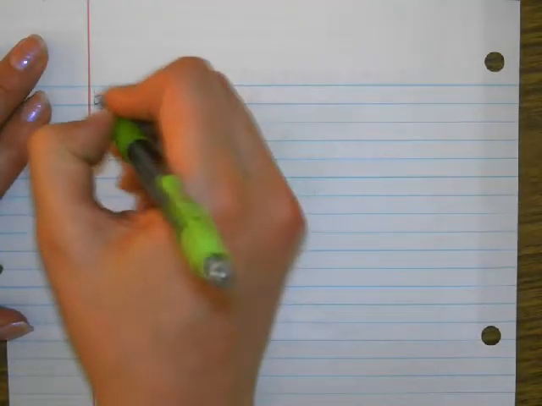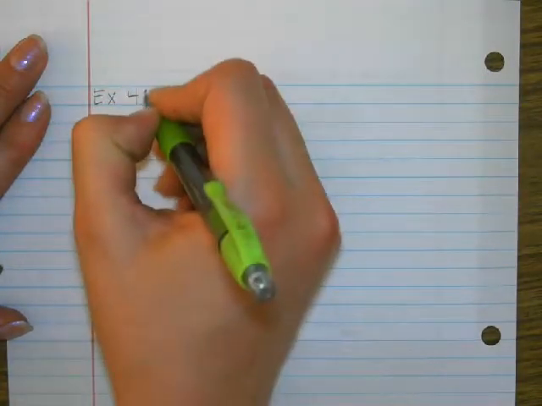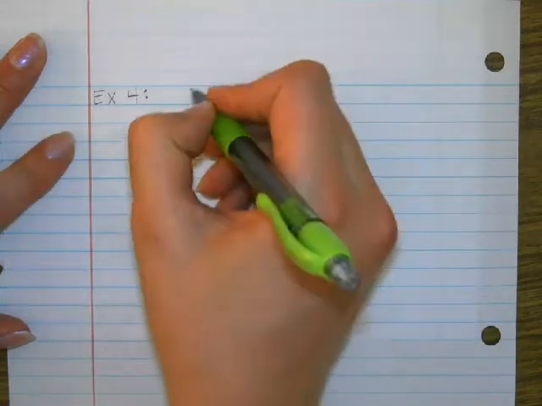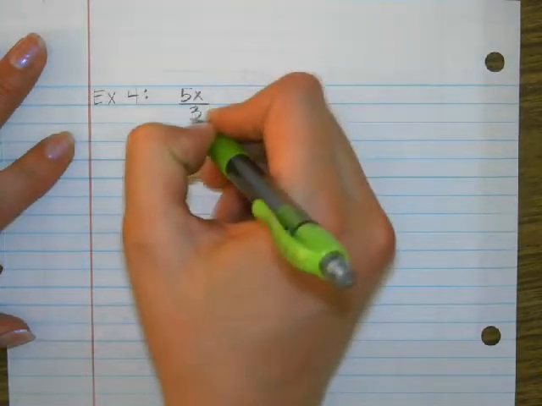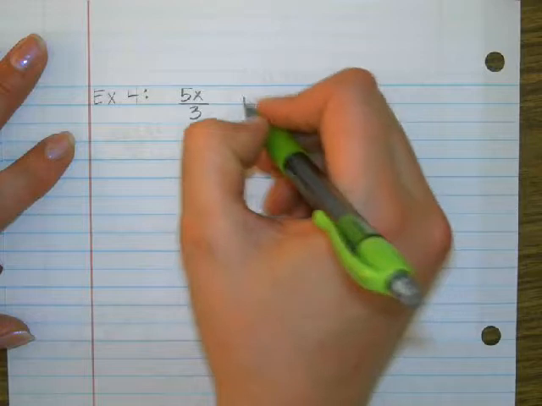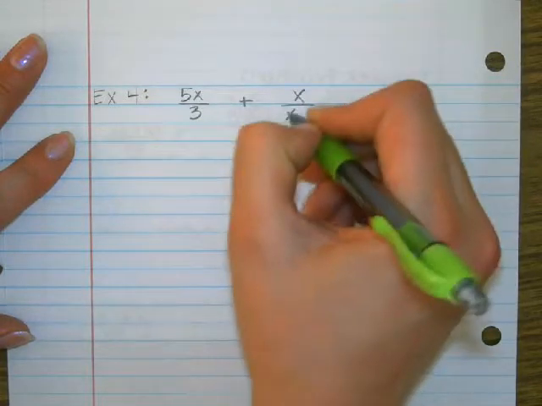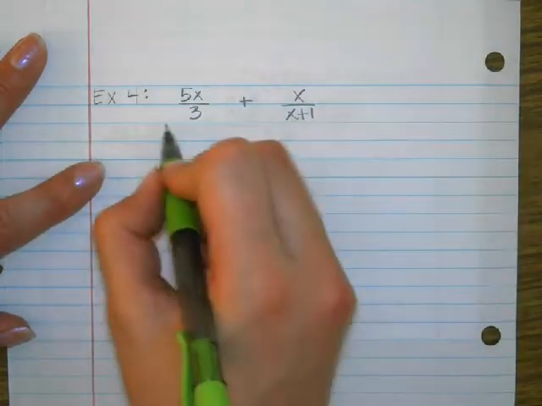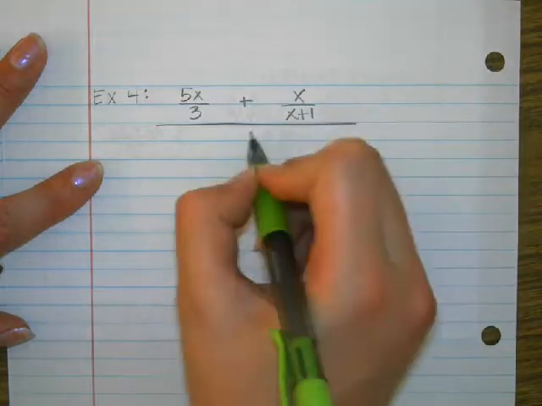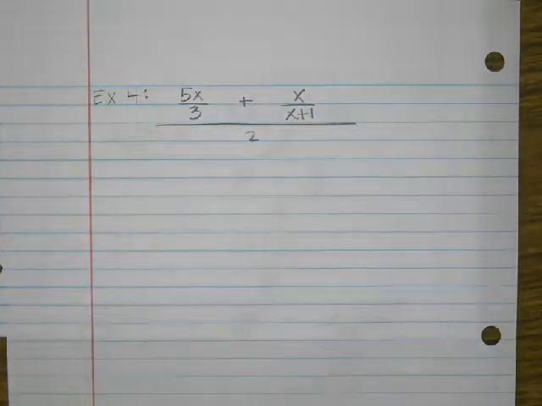Now that we've got the idea down, we're going to do some that have more difficult denominators. So we're going to do 5x over 3 plus x over x plus 1 divided by 2.